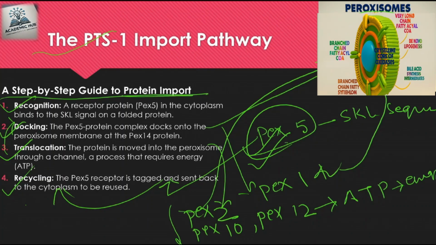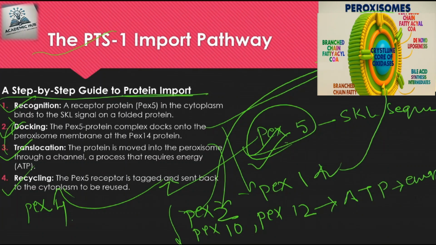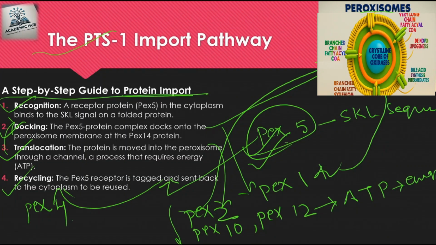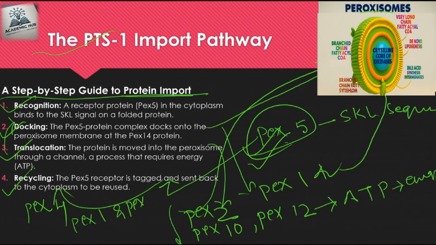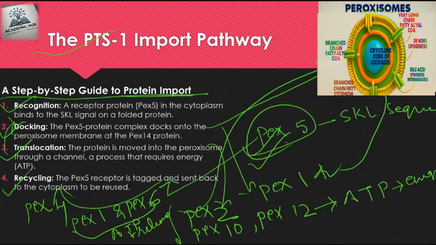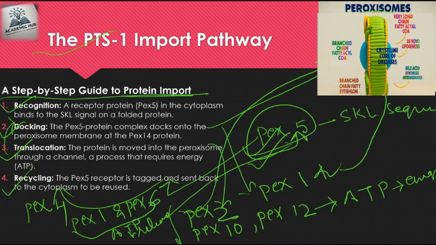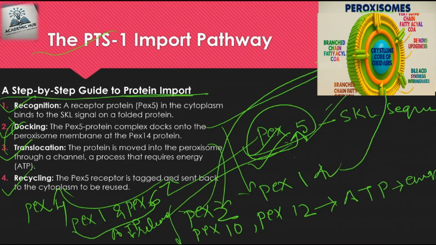This recycling process involves PEX4 adding a ubiquitin tag to PEX5, and then PEX1 and PEX6 utilize ATP to release PEX5 from the membrane for its return to the cytoplasm. So this is the process.